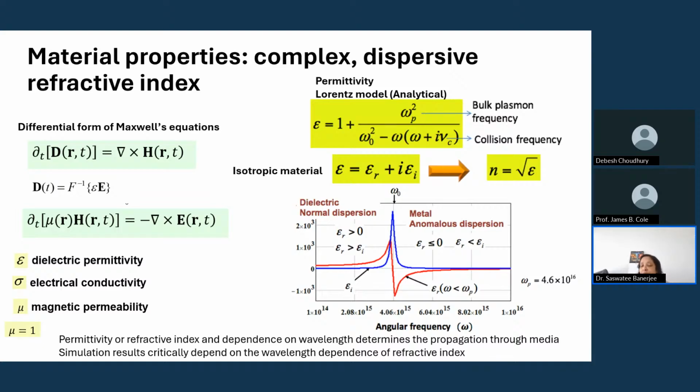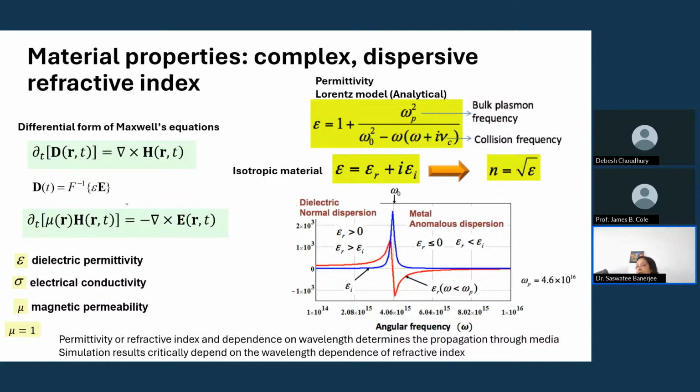And for the dielectrics, you are more or less going to see this behavior. If you take the square root, you will see that there will be n r and n i, the real part and imaginary part of the refractive index. And the imaginary part of the refractive index, as you know, is associated with the absorption in the material.